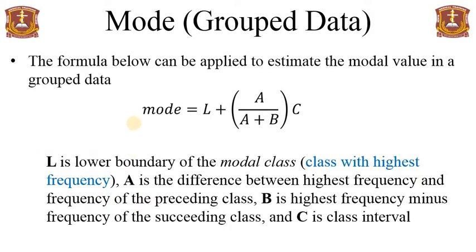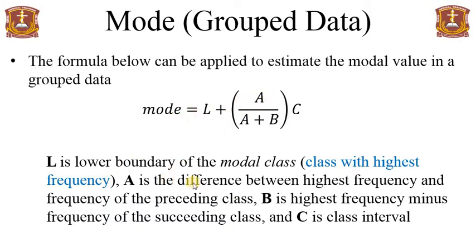Now, it becomes more complex when you are dealing with grouped data. So we have a formula that is used to arrive at this. The formula below can be applied to estimate the modal value in grouped data. L here represents the lower boundary of the modal class, that is the class with the highest frequency.